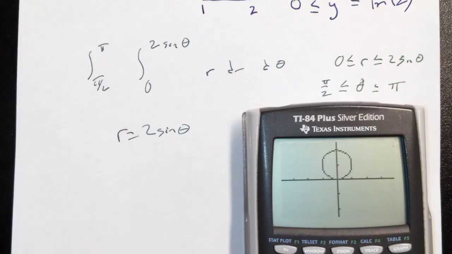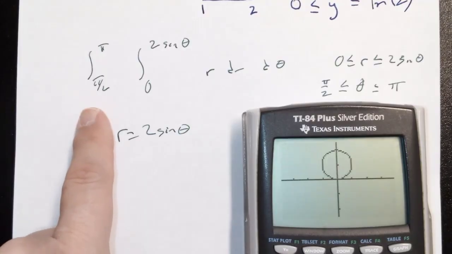Aha! That's a circle oriented on the y-axis, whose radius is 1, and whose center is 1. Diameter is 2. So now what I need to figure out is which part of the circle these angles describe.